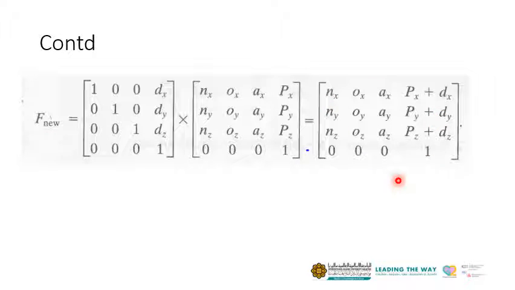This one also we have discussed in the earlier lecture. You can see here that this is the old frame representation, and this is the new frame representation after translation. You can see the rotation or orientation matrix remains the same. However, the position vector has been changed.